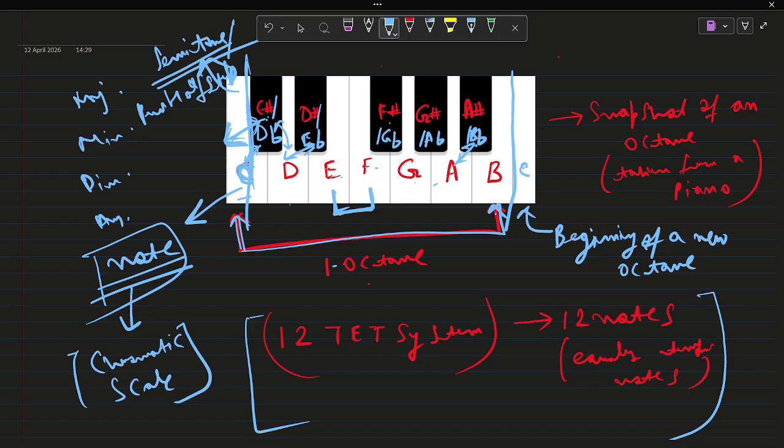From here, instead of going to C sharp, we go to D, instead of going one step, we go another step. This distance is known as the whole step or tone.